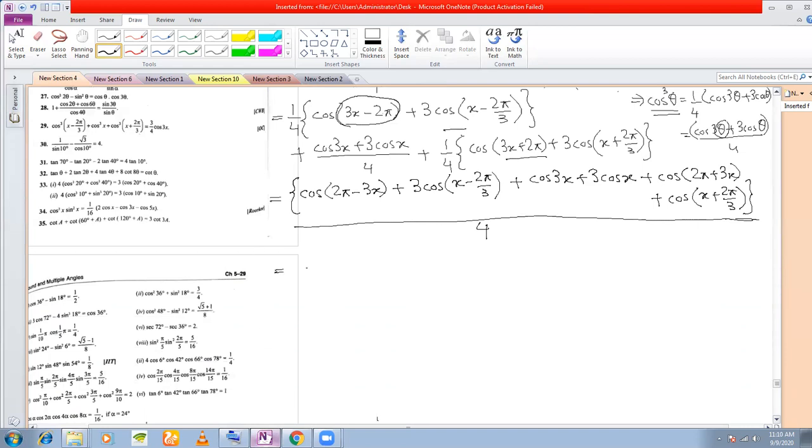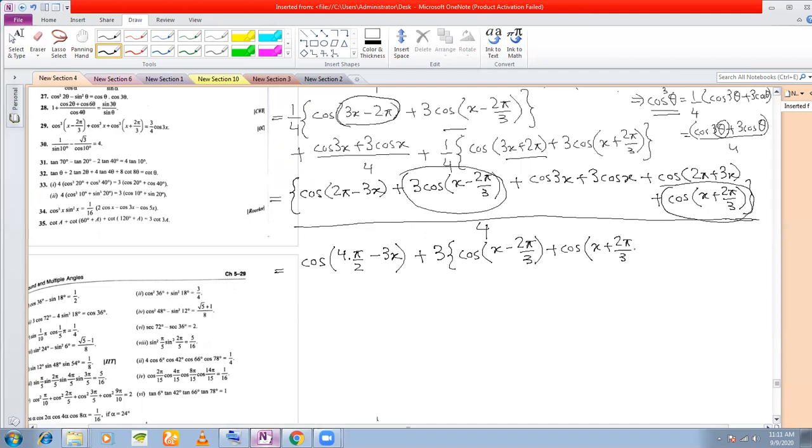Now what can I write about cos (2 pi minus 3x)? I can write this as cos (4 into pi by 2 minus 3x). Plus, now I take this cos and this cos together, so plus thrice, I can write cos (x minus 2 pi by 3) plus cos (x plus 2 pi by 3). And what is left here?